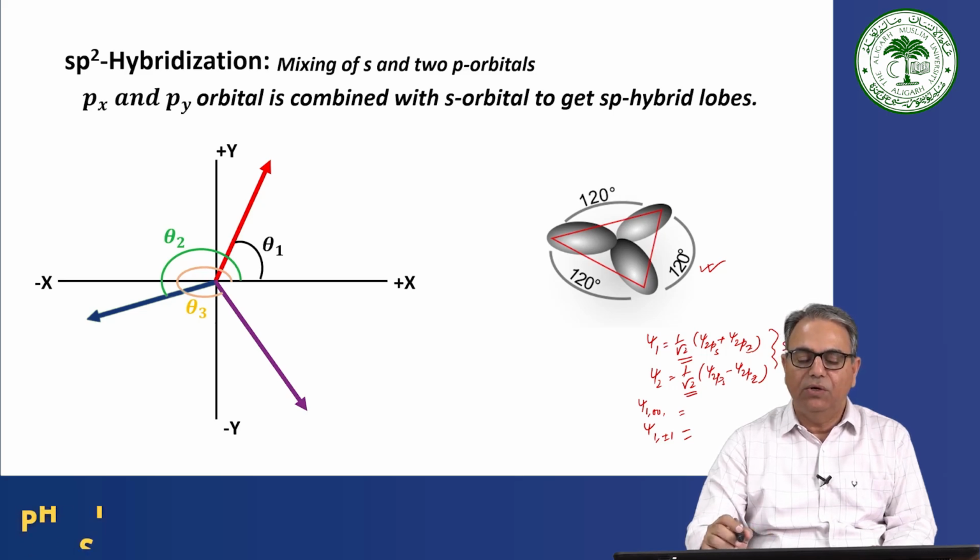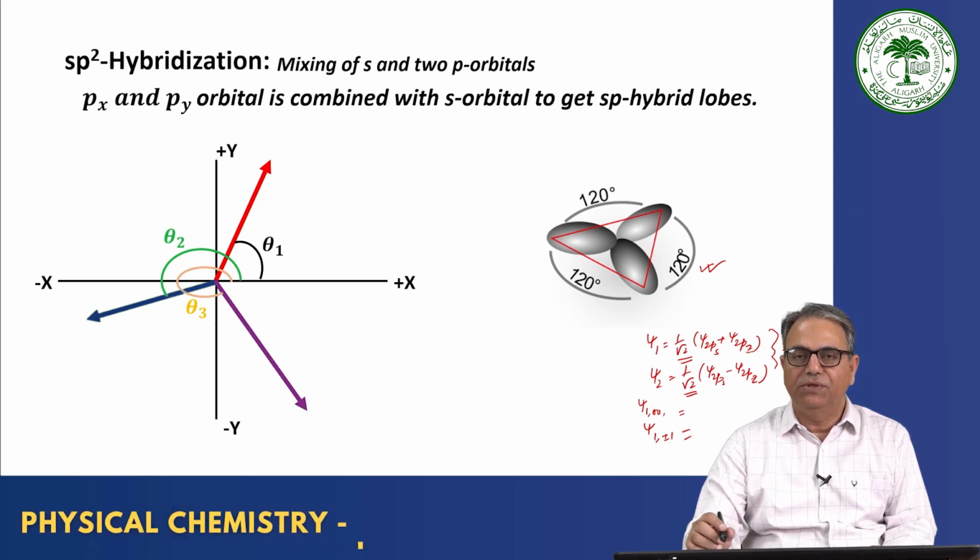Here in this molecule, suppose we don't have a lone pair, only bond pairs. So the repulsion between hybrid lobes H1 and H2, H2 and H3, and H3 and H1 will be the same.